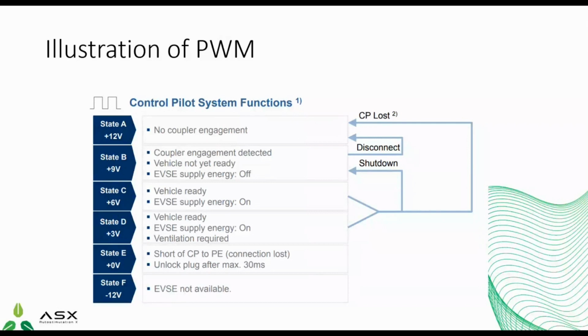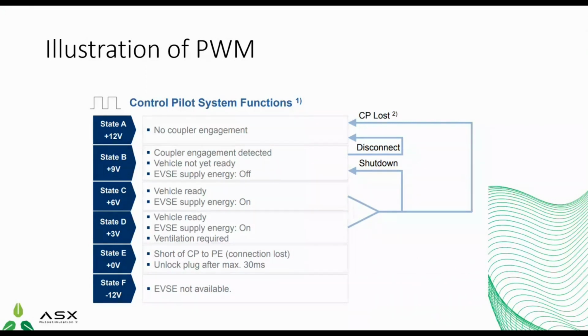But after it goes to state C or state D, you will find the vehicle is ready for the charging. In a few cases, there is a requirement of some additional signals. So these are the voltages that we are looking at in our simulator also.